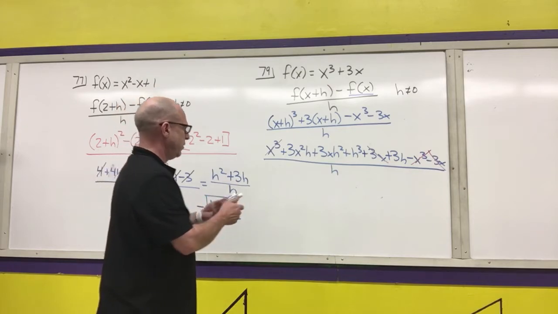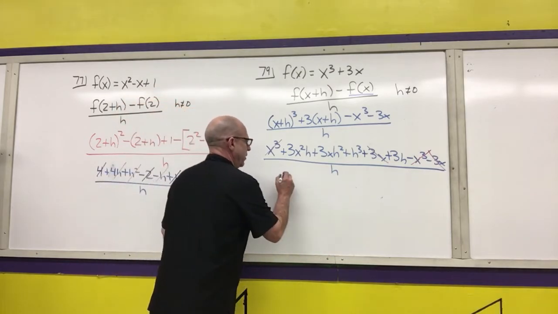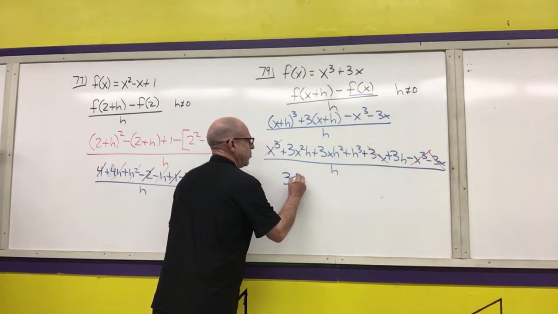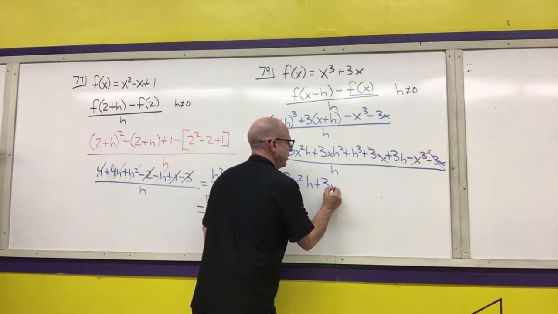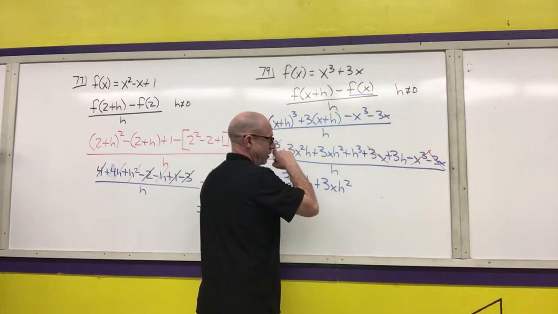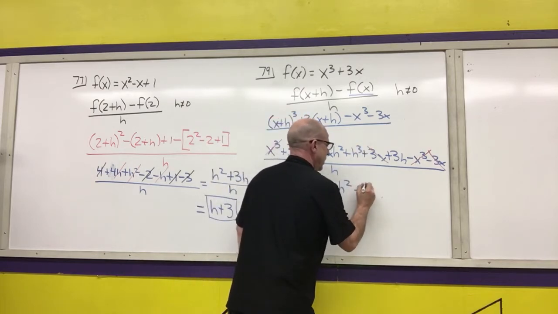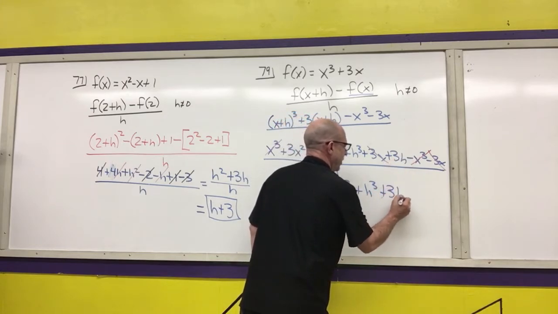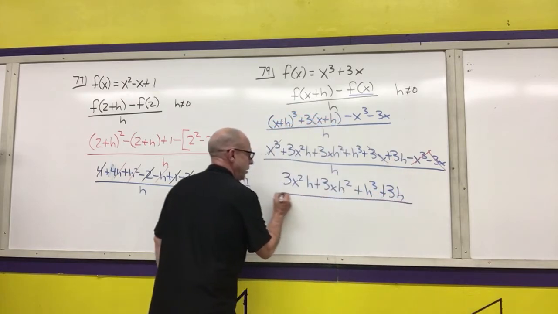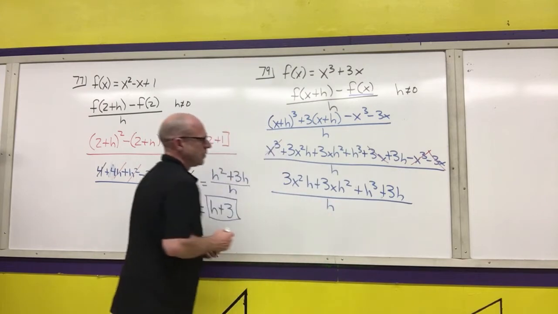So let's write this down. I have 3x squared h plus 3xh squared plus h cubed plus 3h all over h.